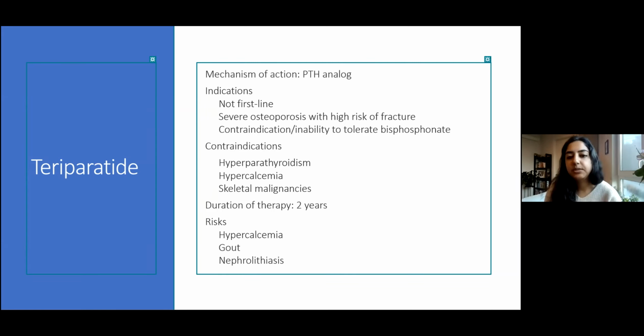If they have hypercalcemia as well, you shouldn't use this because there's increase of serum calcium with this PTH analog. There's also risks of gout and kidney stones, and the duration of therapy for this is 2 years. Teriparatide was superior compared to risedronate in head-to-head trials, so it is considered a superior drug to bisphosphonate.